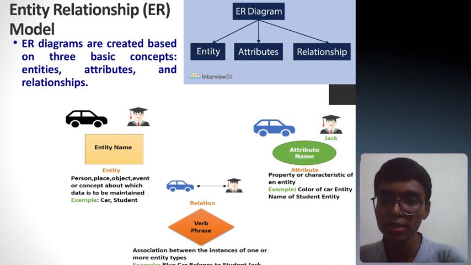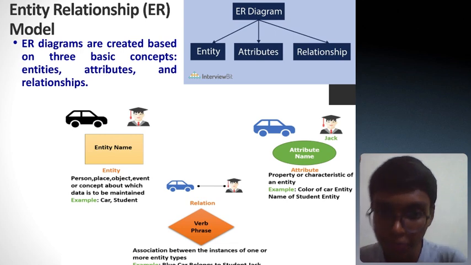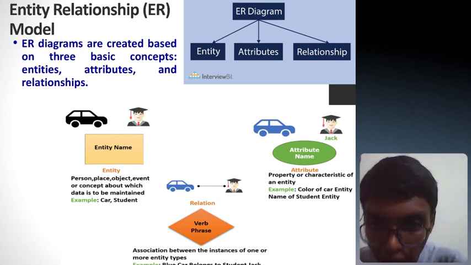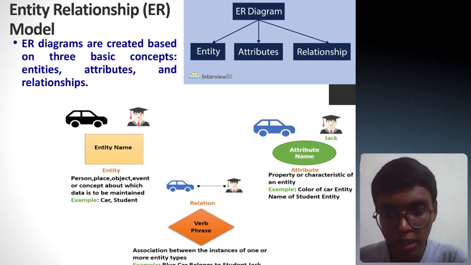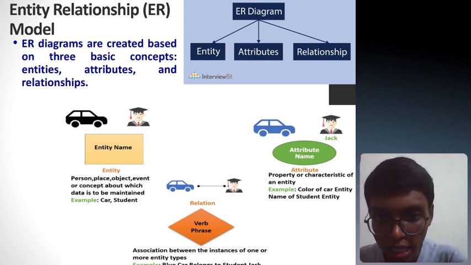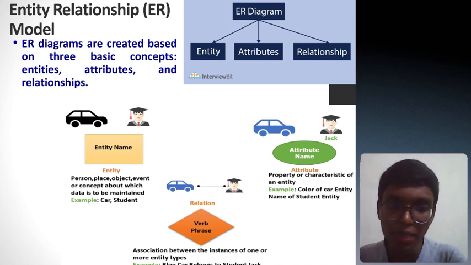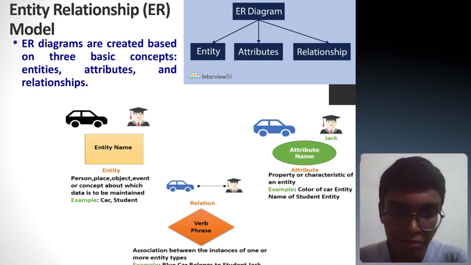So, ER models are created based on three basic concepts, that is entity, attributes, and relationship. Here is the example of the entity. An entity can be a place, person, object, event, or concept about which data is to be maintained. Example, car, student.